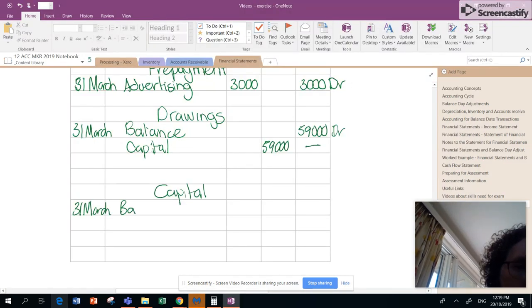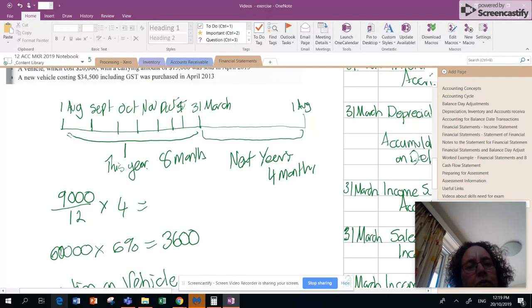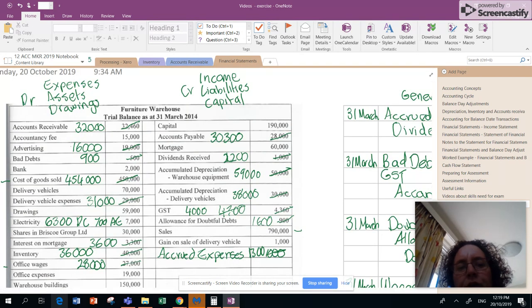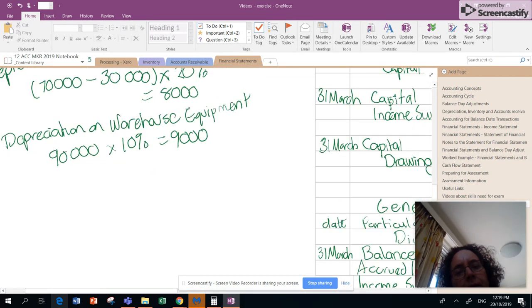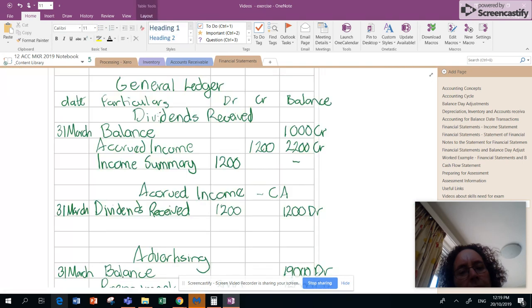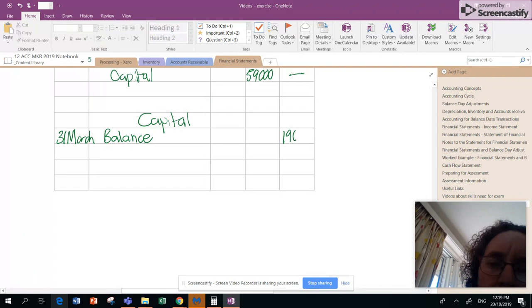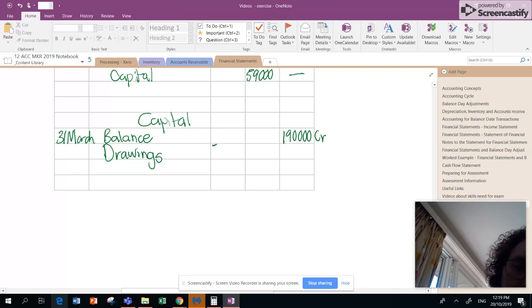Our capital will have an original balance of 190,000. And it's a credit because it's on the credit side. And we just did drawings to it, so we're going to debit it for the drawings.